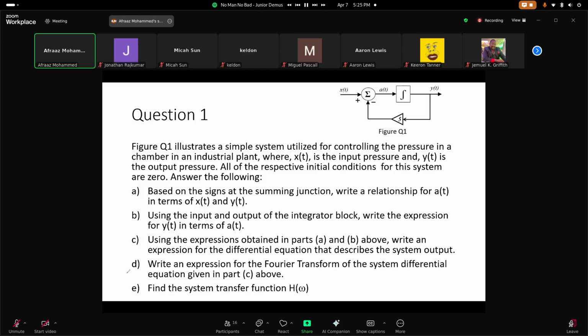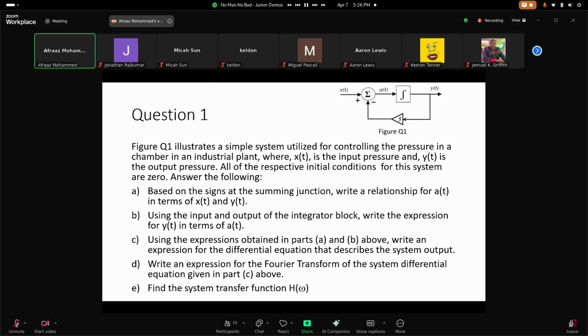You have to answer the following questions. First, you will find a relationship for A of t in terms of x of t and y of t. For that, you focus on the sum junction, and you take into consideration the signs in the sum junction to develop that relationship.